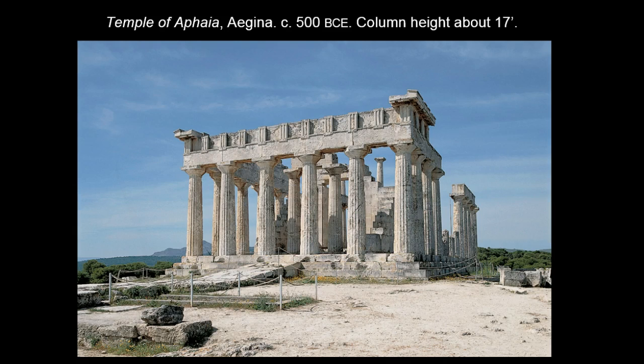In the photo of Aphaia, you can see the typical Doric frieze decoration of alternating triglyphs, which is the three-part decoration that you see here, alternating with metopes, which are the panels in between them, that might be plain, as here, or filled with painted or sculpted decoration.